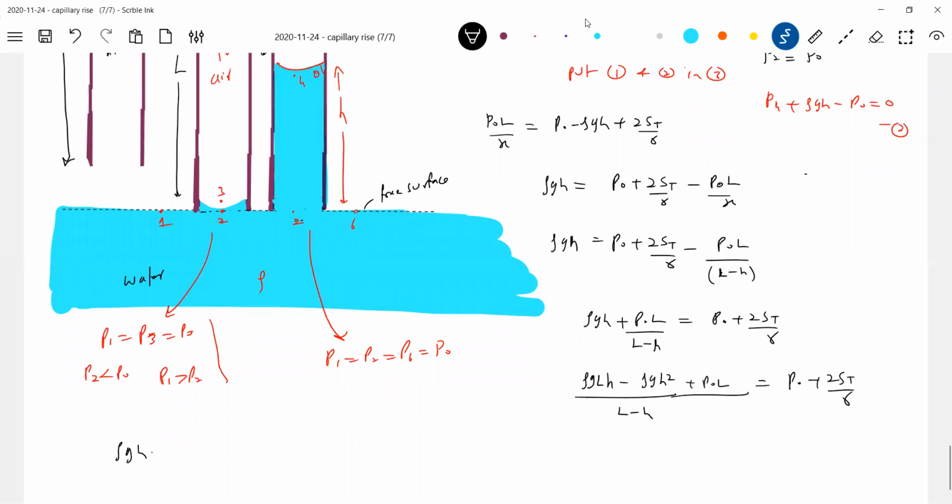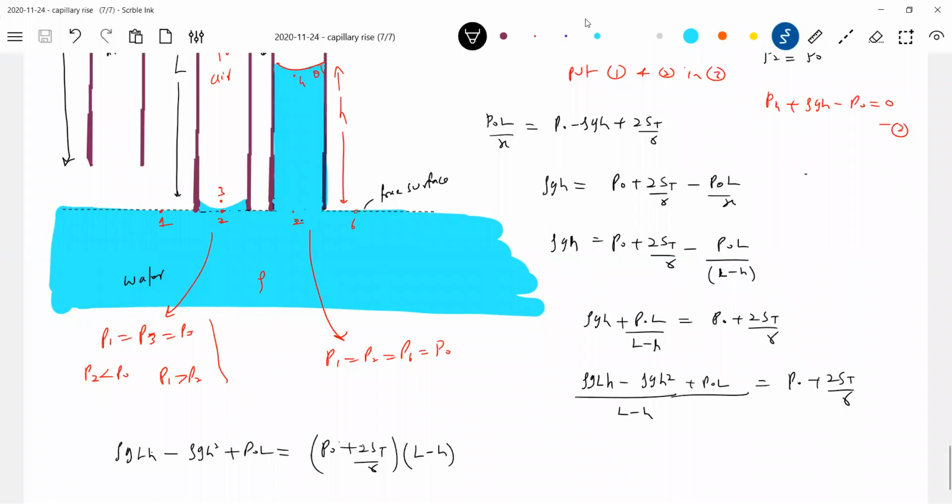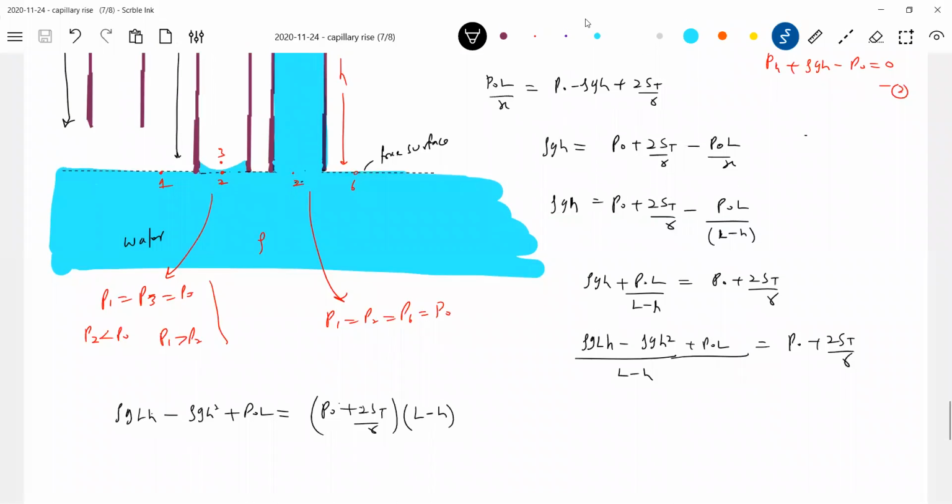So rho G H, rho G L H, rho G H square, P naught L. We have to simplify really for H here. Quadratic equations will come. Let me write one more step.